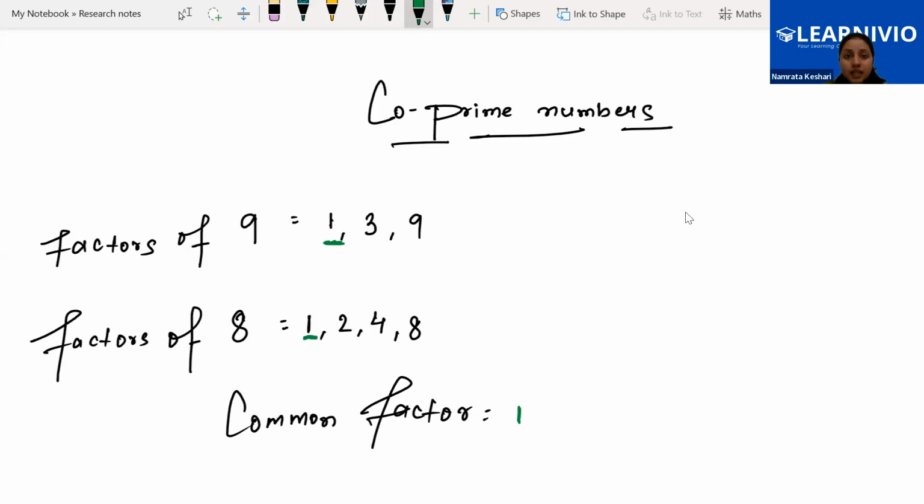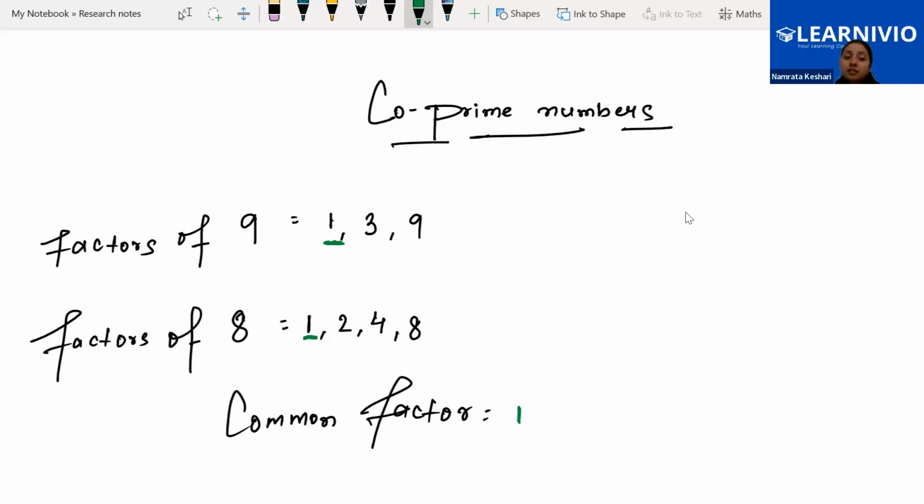If this is the case, if we are listing down the factors of two numbers and only one is the common factor, there is no other number apart from 1 which can divide 9 also and can divide 8 also.